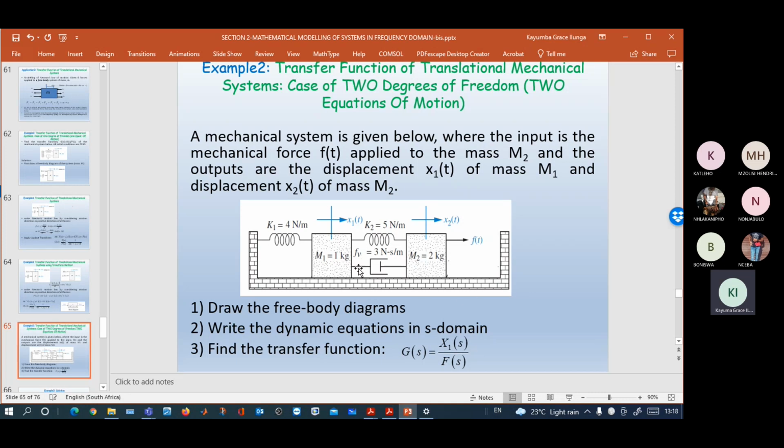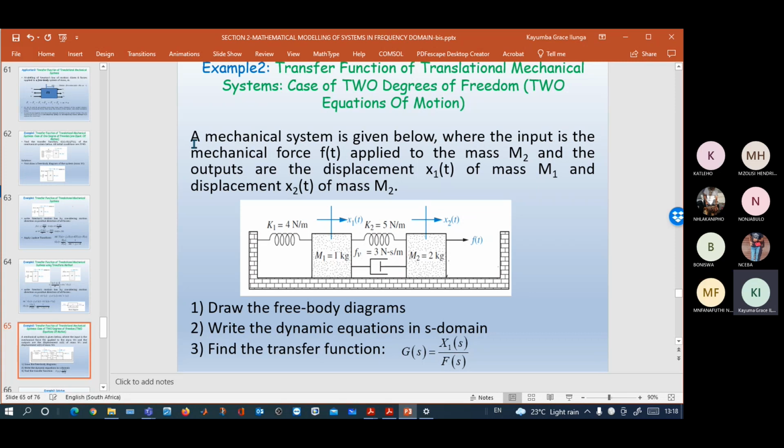So you create the two free body diagrams. After you create them, you can determine your forces and you can write the equation for the first mass and for the second one. After you wrote these two, then you can be able to find your solution.